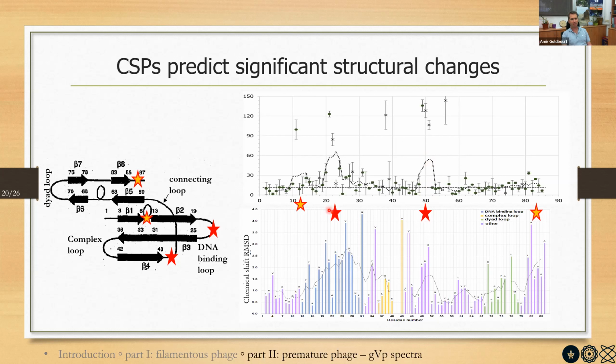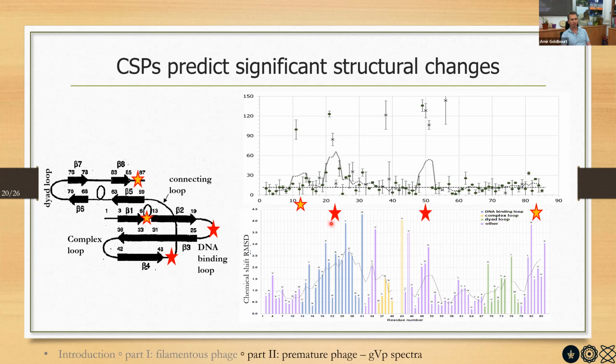So 4 of these places with very large changes are drawn here: the DNA binding loop, and this core connecting loop, which goes from beta 4 to beta 5. We have big differences in the C-terminus, which are manifested in the RMSDs, less so in the torsion angles. And also in this small loop here, you can see changes in the torsion angles, but less so in the RMSD.